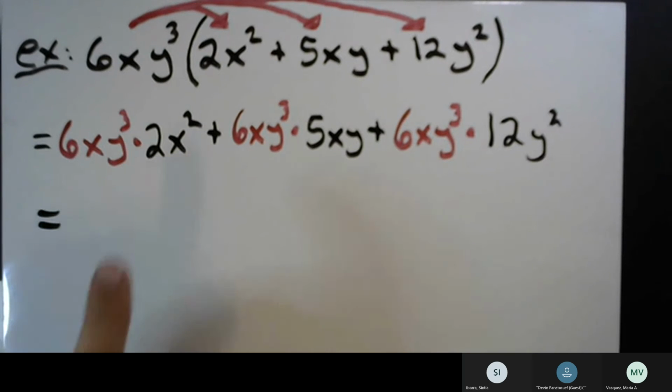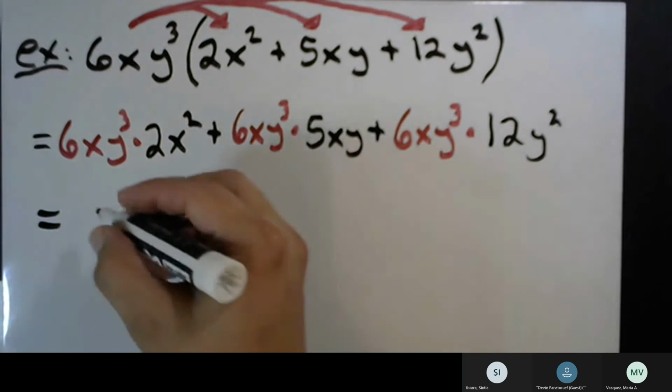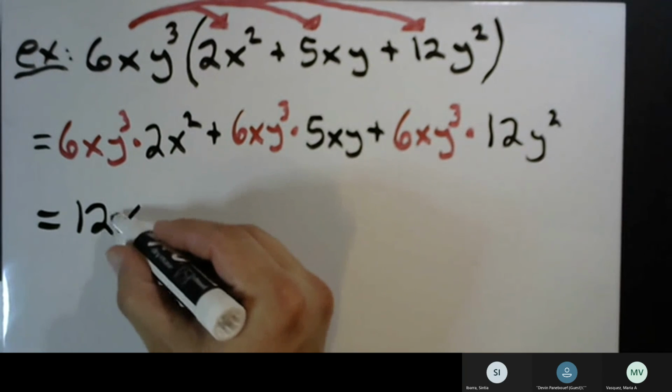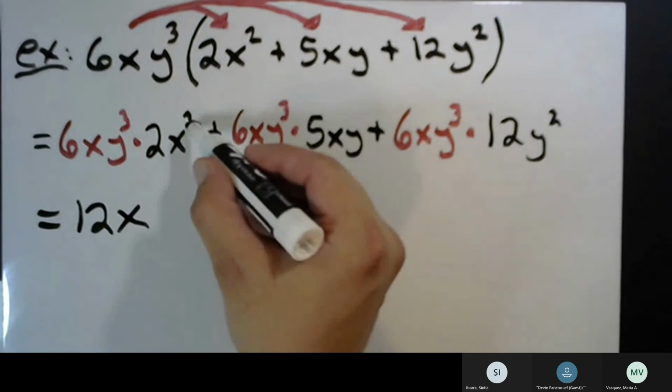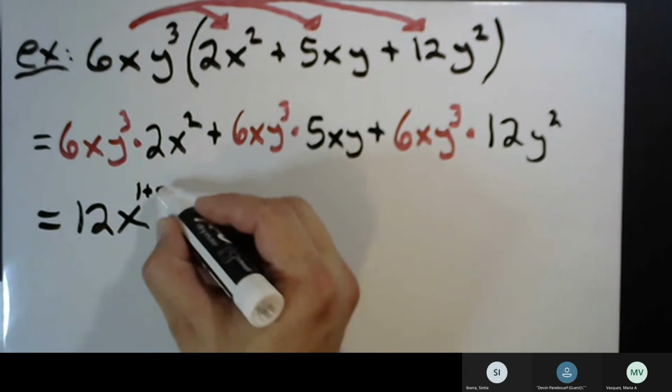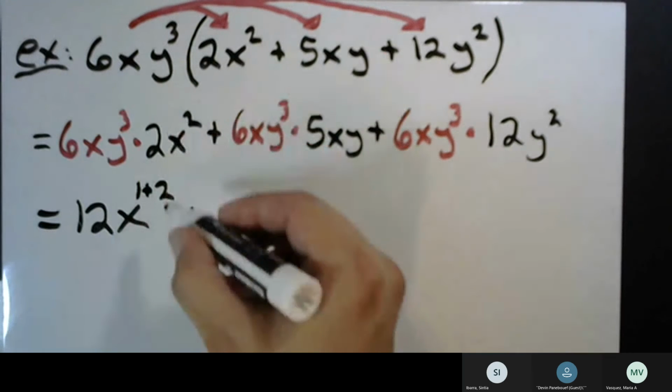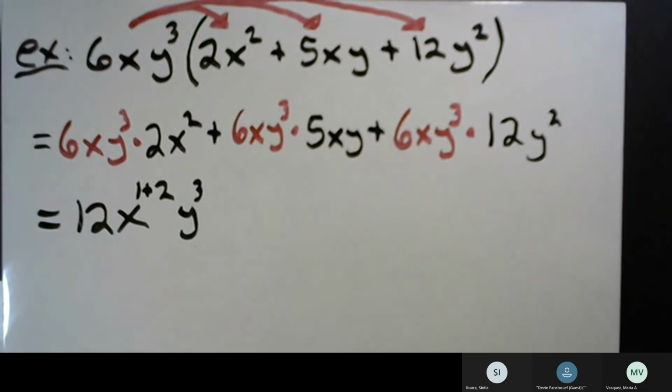So now we're going to multiply our constants. 6 times 2 is 12. And that's x to the 1, x to the 2, so that's 1 plus 2. But we also have a y variable, but for this multiplication, there's just the y cubed.